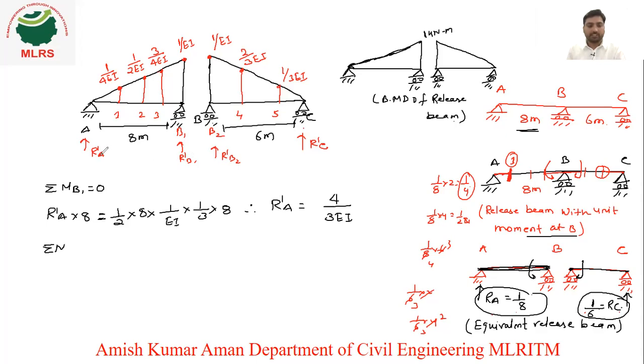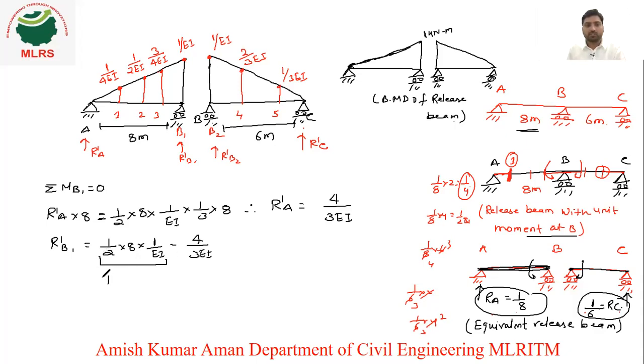So from here, if it is A at A is equal to 0, so what will happen? R dash B1 will be half into this value minus this, right? This value means this area we need to calculate. Okay, so similarly, if you will calculate it, you will get this R dash B1 value as half into base into height minus 4 upon 3 EI, already we have calculated, because this is your total load.